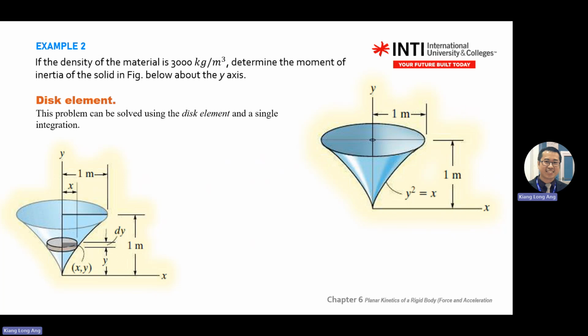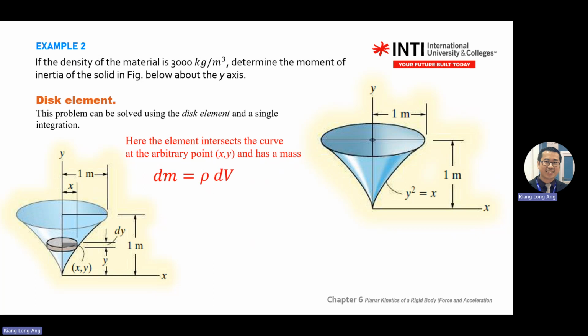Why do we use this method? Because now your y is your height, and your height is linked to x. That's why we can use this element. Just now we were looking at x, y, and z. Now your axis has changed, and now your axes are y and x only. So what is changing is your dy. By using this method, how do you find the m, rho dv?